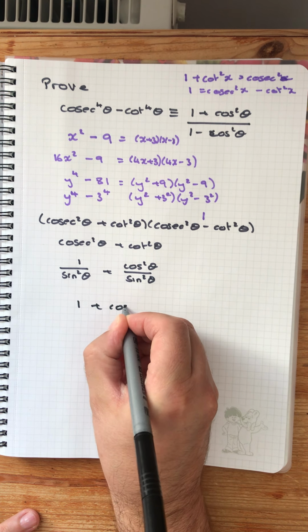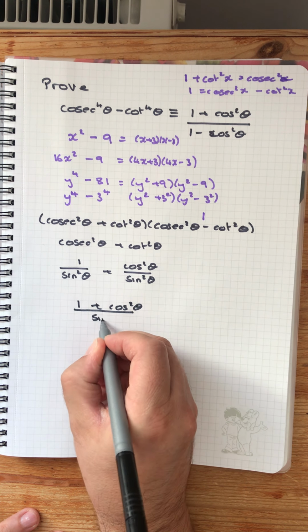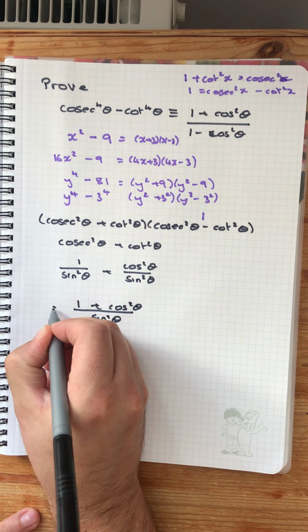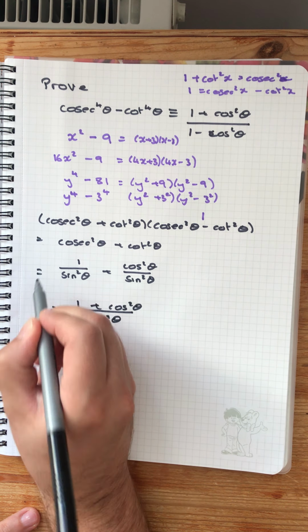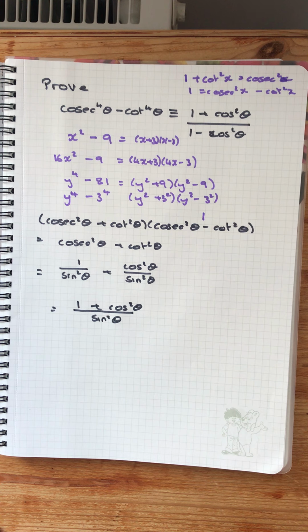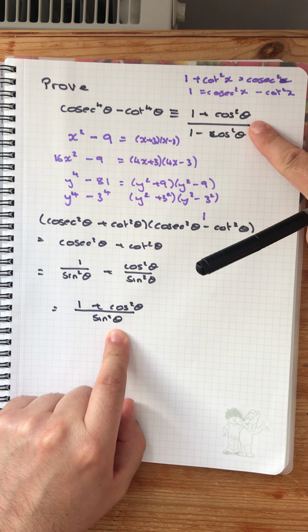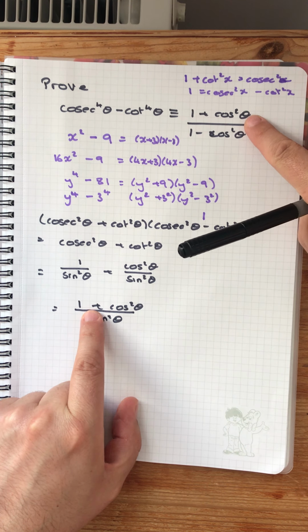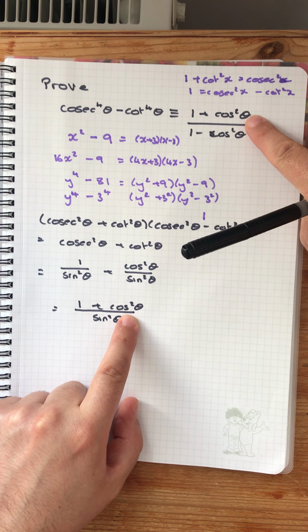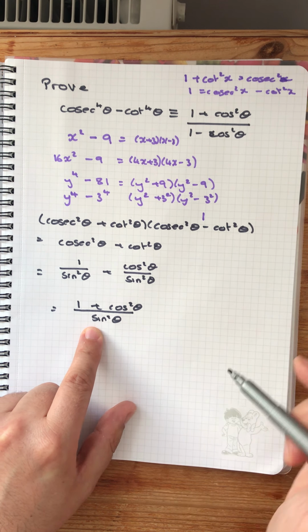Occasionally you'll find that you might need to get common denominators to sort it out for you. So I should really put an equals every time each line of work as I move down the page. Now look at this compared to the, keeping our eye on the prize. Pretty happy here. Got a fraction, and the top of the fraction is exactly what I want. Of course, looking on the bottom, sine squared theta, how can I manipulate that?